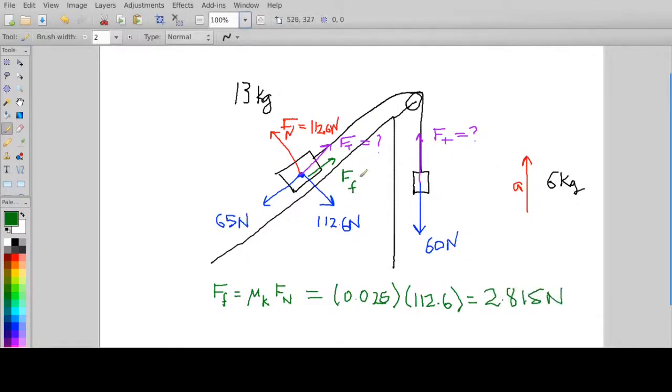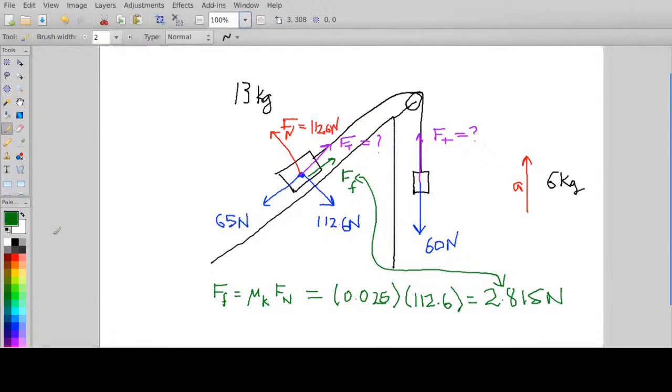I can't fit that in there, but that's what this is equal to right there. And so there we go. We've got all the forces identified except for tension, because we can't give it a value yet.